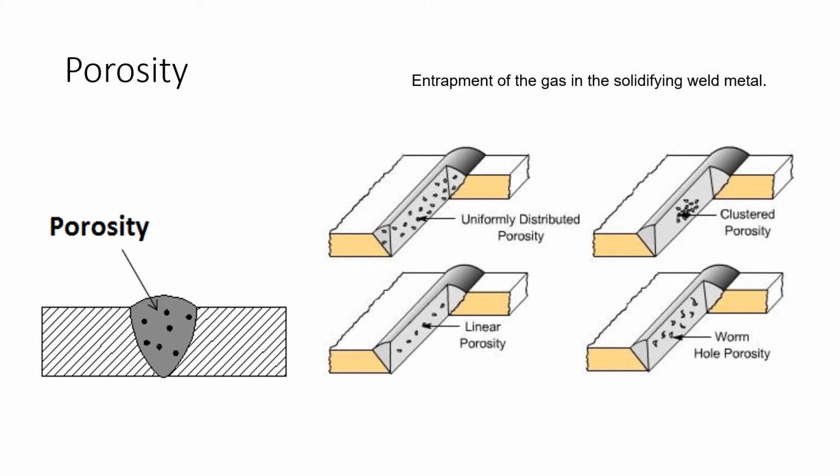Before that, let us see the figure here. So porosity is shown. These pores are evenly distributed over the entire span. Somewhere it is uniformly distributed, while somewhere it is linear, somewhere cluster-wise, or worm type. Next, we want to see how the entrapment of gases takes place.